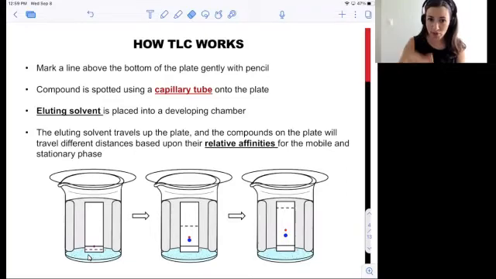You don't actually want it to come above the line you've drawn on the plate where your sample is originating. And then as you place your plate in and cover the beaker, the eluting solvent, that mobile phase, will travel up the plate and different components of your mixture will separate depending on their different affinities for the solid stationary phase and the liquid mobile phase.